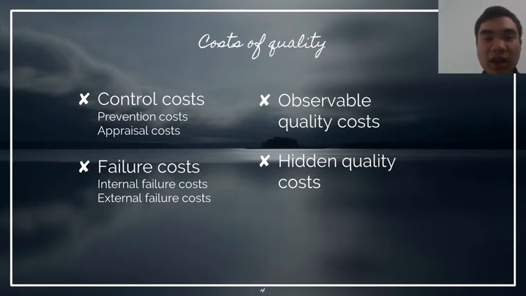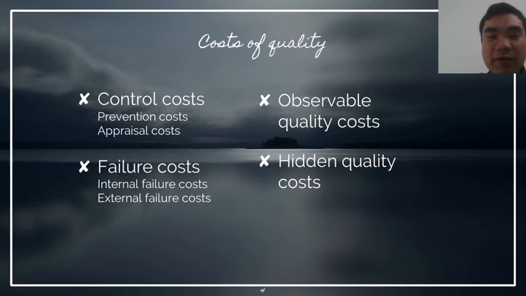Prevention costs are caused by activities which aim to prevent any defective products from entering into the hands of consumers, while appraisal costs are the result of activities which investigate whether products are defective or not. Internal failure costs are the result of those defective products that have not yet entered into the hands of consumers, while external failure costs are the result of those defective products that have entered into consumers' hands.